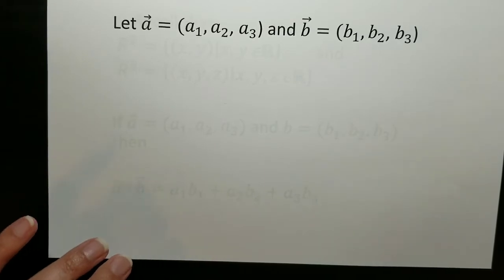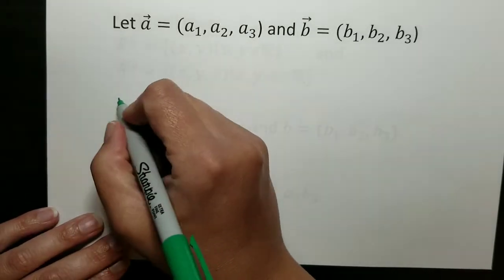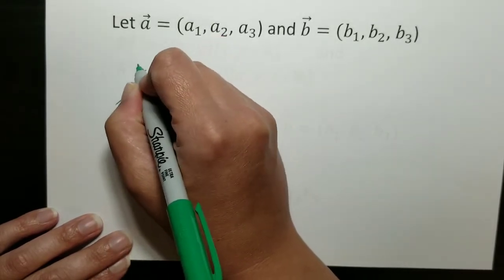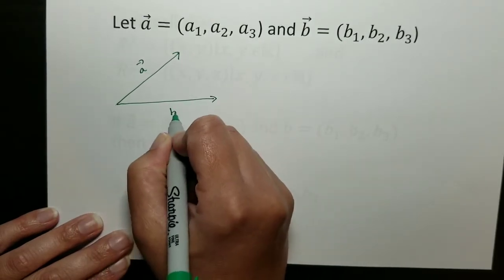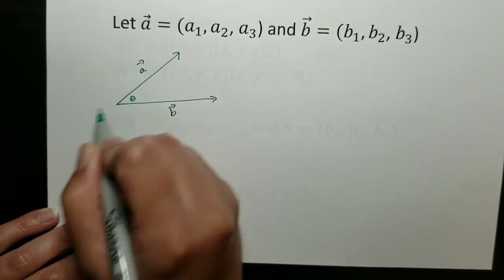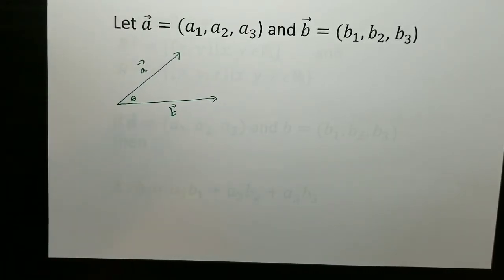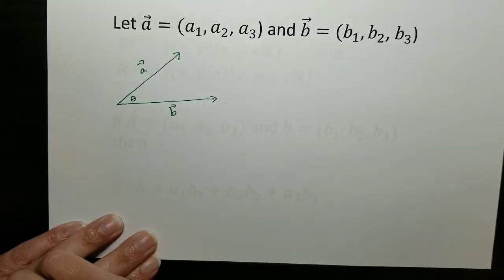So first of all, we're going to define our two vectors here, A and B, and I'm just going to draw those out. Any two vectors A and B, and we've got this angle theta in between. So we know that the cosine law would be written to find this side if we were using that cos theta.